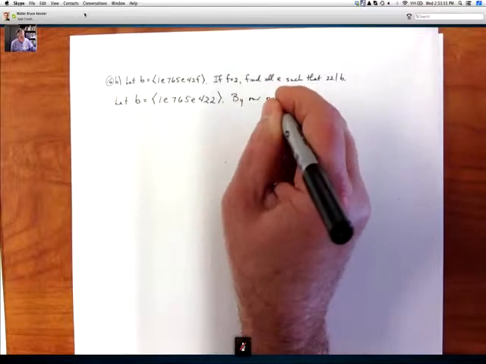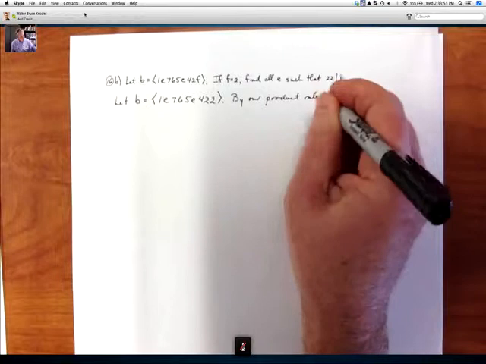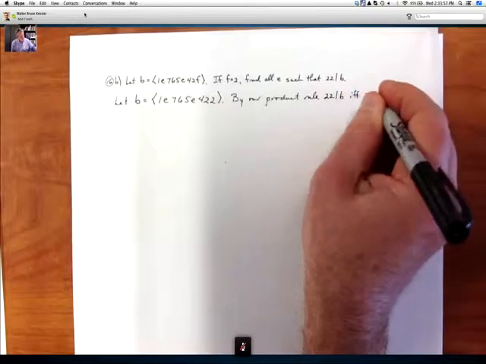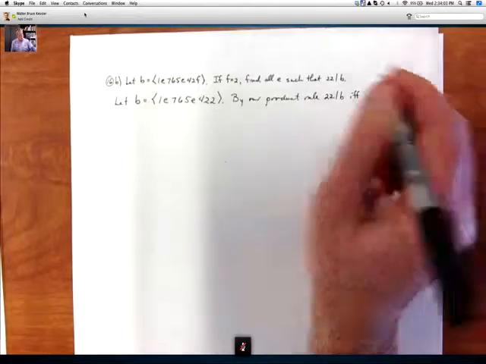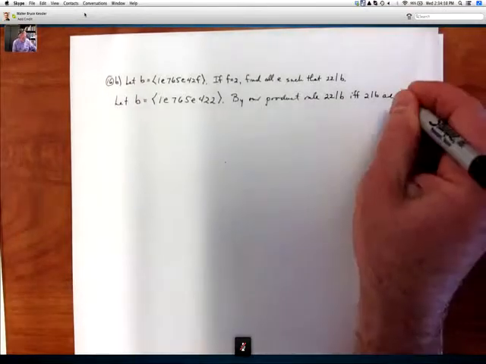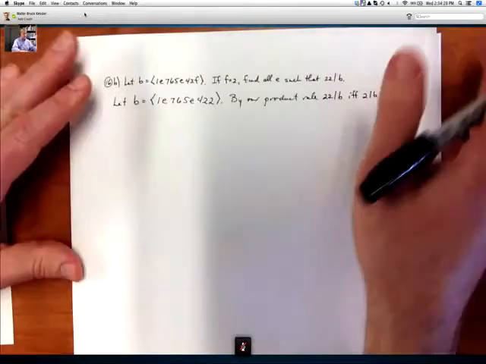Okay. Then by our product rule, 22 divides B if and only if 2 divides B and 11 divides B, since 2 times 11 is 22, and 2 and 11 are relatively prime.